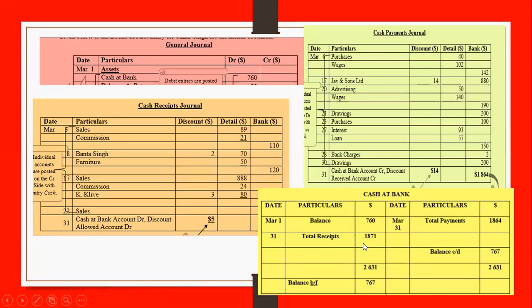Let's look at our last journal. Cash payments journal. Once again, I can see the word cash over here, cash for a cash at bank ledger account. So once again, for the cash payments journal, our rule is total credit, entries debit.